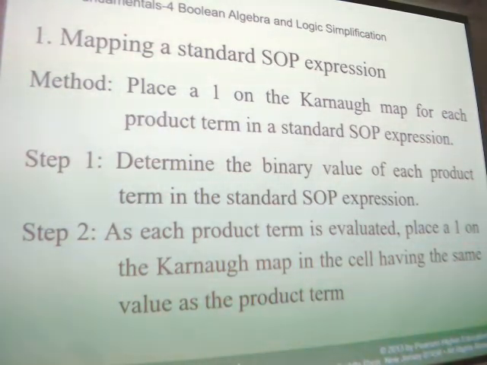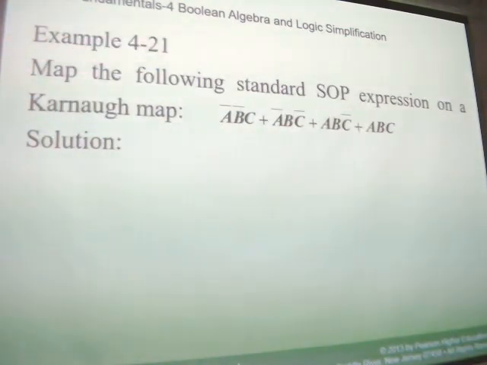The second step is, as each product term is evaluated, place a 1 on the Karnaugh map in the cell having the same value as the product term. In this example, map the following standard SOP expression on the Karnaugh map. This is a standard SOP expression, so it's very easy. Step one.